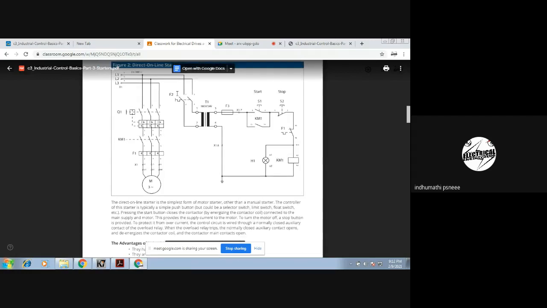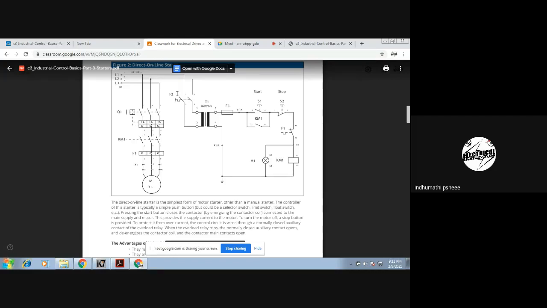So the direct online starter is the simplest form of motor starter. Other than a manual starter, this is the same as the starters you have all already seen practically in so many pumping stations and house motors.